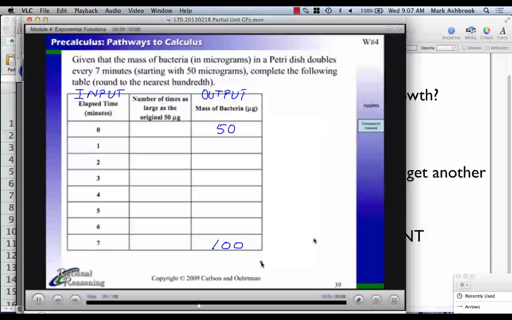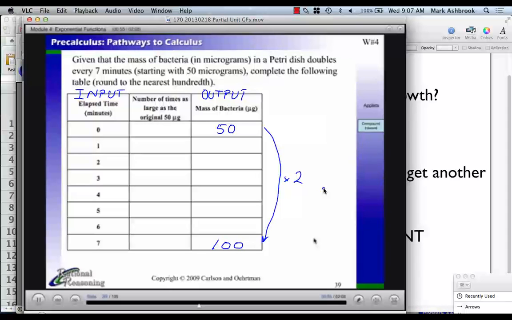So if it doubles every 7 minutes, what's the growth factor? What is a growth factor? It's a multiplier. What is it? 2. Doubling is a growth factor of 2.